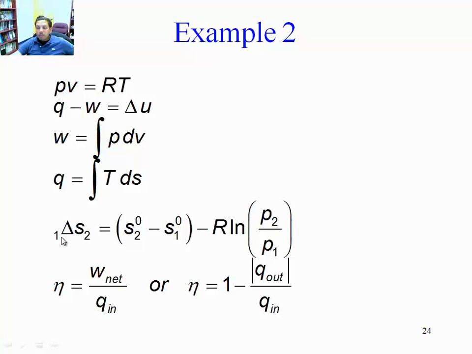The change of entropy between state 1 and state 2, or state 2 and state 3, or state 3 and state 1, is always equal to S0 at the final state minus S0 at the initial state minus R log of the pressure of the final state divided by the pressure of the initial state. That is true because we're using the variable specific heat model. We're going to be using tables. Otherwise, we could replace this with Cp times the log of T2 over T1.